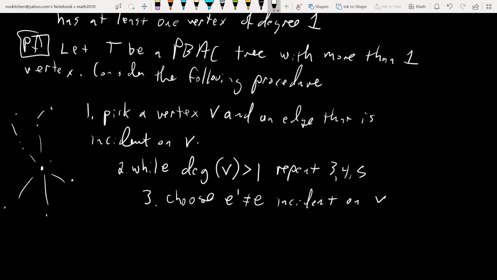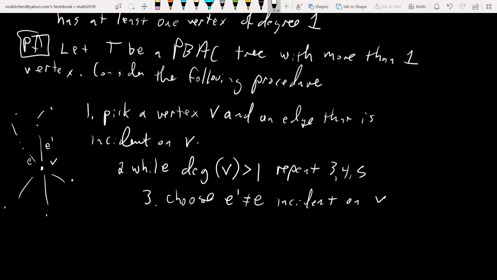Let's say we call this V, and there is an edge incident on V, so maybe this was E. What we're saying is, the degree of V was greater than 1, so let's pick an edge other than this edge that we started with. We'll call that one E prime, so maybe that's this guy over here.